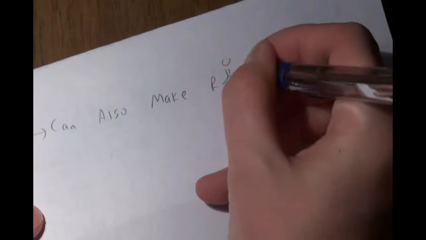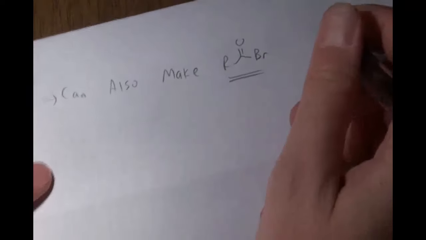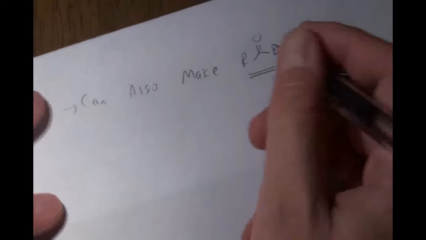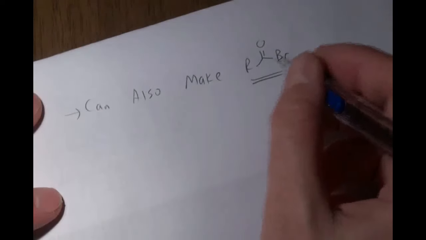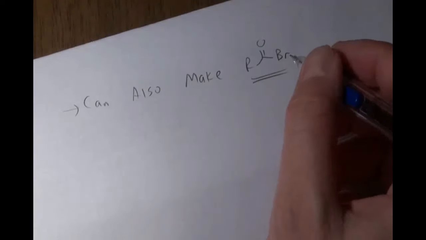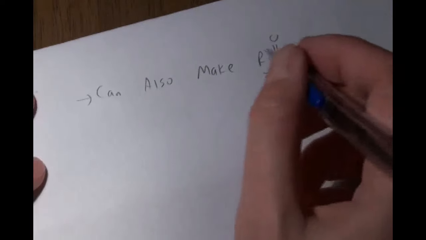It's less common, but you can also make acid bromide. Acid bromides can be made the same way. I guess the issue is bromine's usually more expensive than chlorine, so anything that uses bromine costs a little bit more.